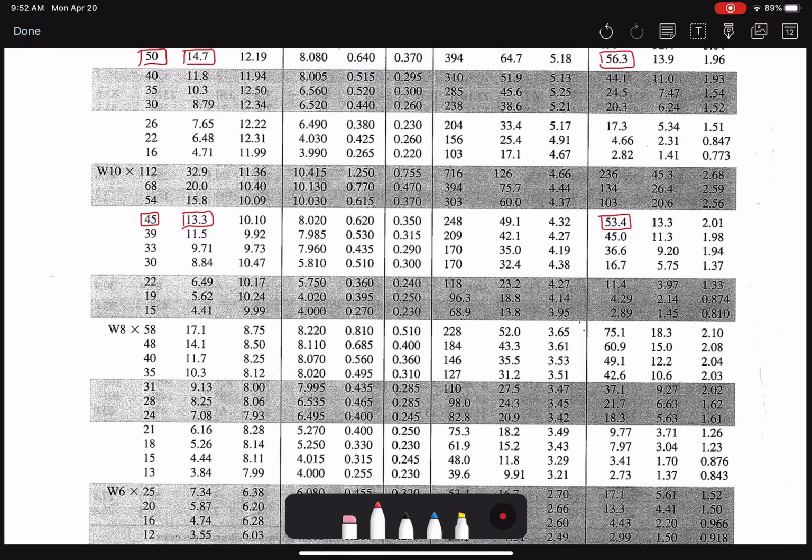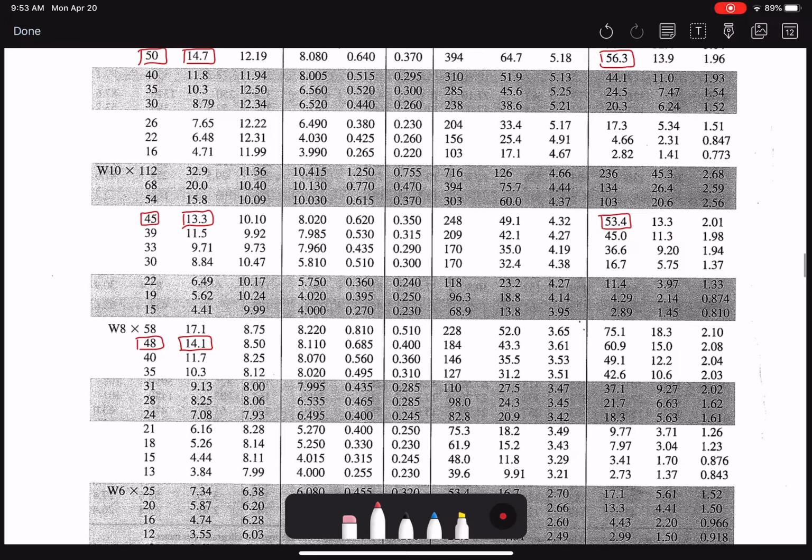And the last one I'm going to deal with is W8 by 48, the area 14.1, greater than 5.21, and the area moment of inertia is 60.9, which is greater than 50.3 inch^4. And we cannot go more economical.